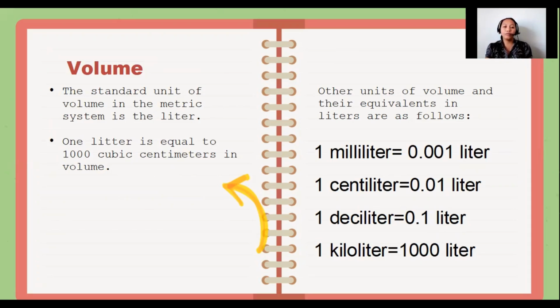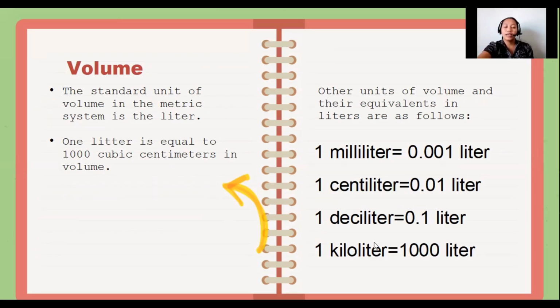So other units of volume and their equivalents in liters are as follows. So 1 milliliter is also equal to 0.001 liter. It's just like a conversion of meters. We also use the different prefixes, which are the milli, the centi, the deci, and the kilo.